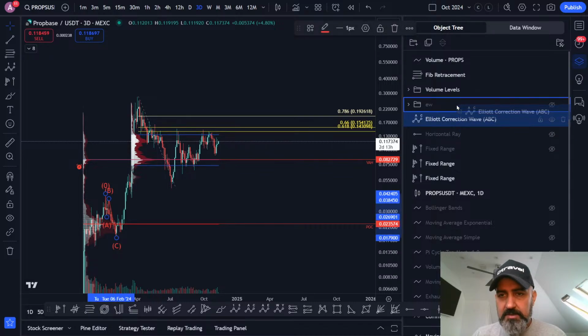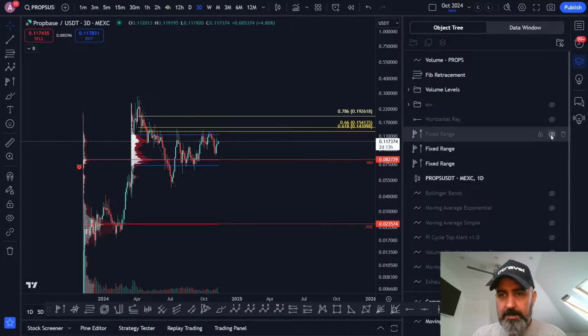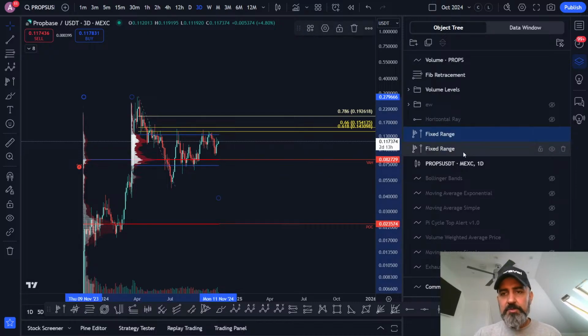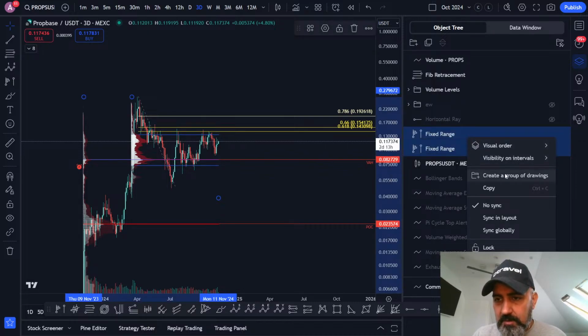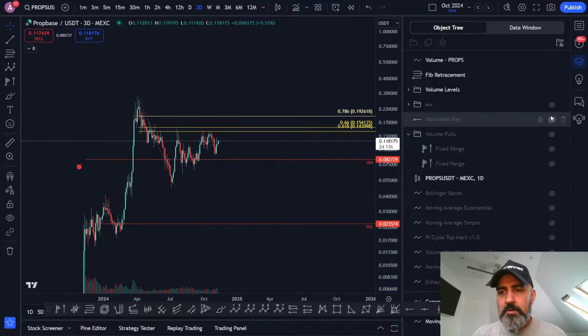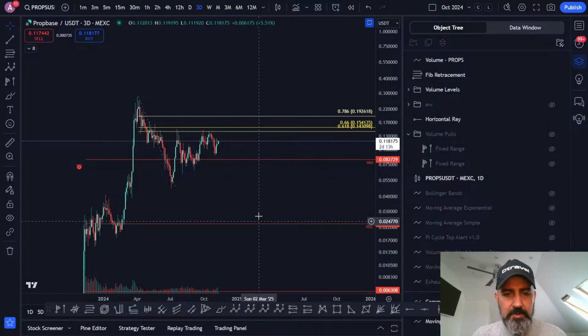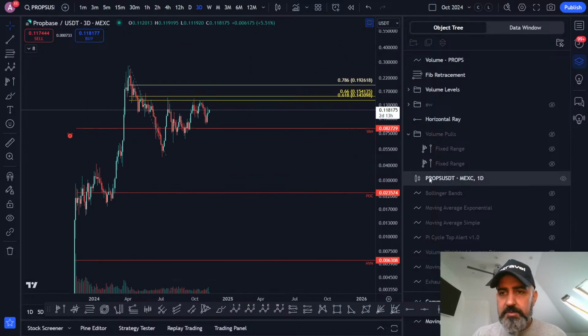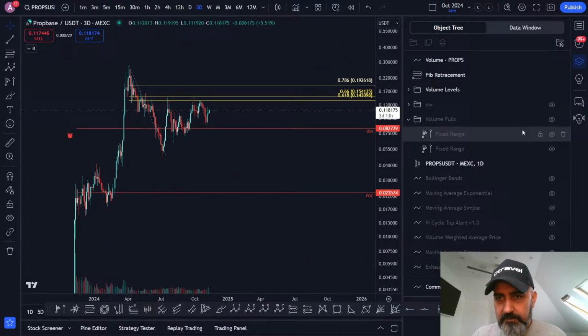I'm gonna chuck that into that folder. Fixed range. Get rid of these now. It's at the bottom. What is that? High volume nodes. Okay, so pretty much ignore that for now.